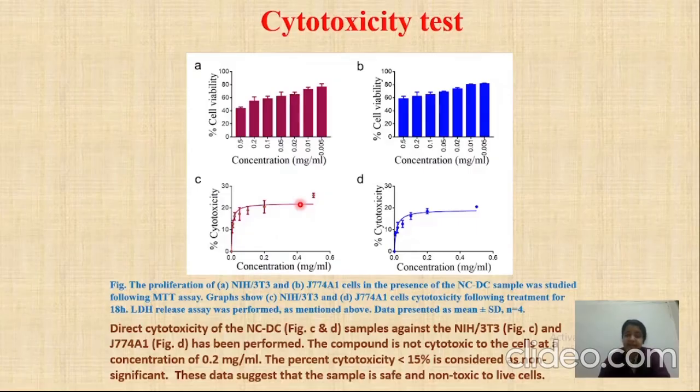And again, these nanocomposites and drug conjugated nanocomposites can also be used as a very good anti-diabetic agent, and in this way we can minimize the side effects of the drug in a very simple method, right?